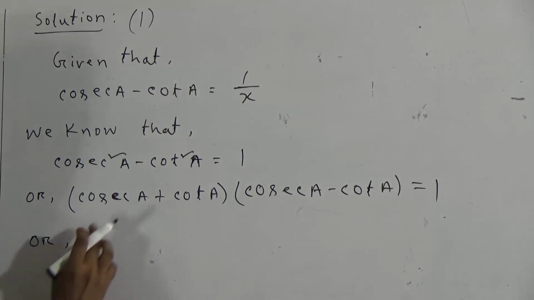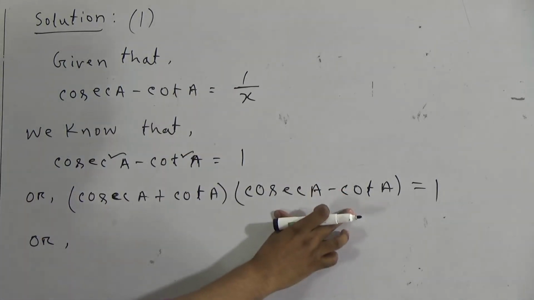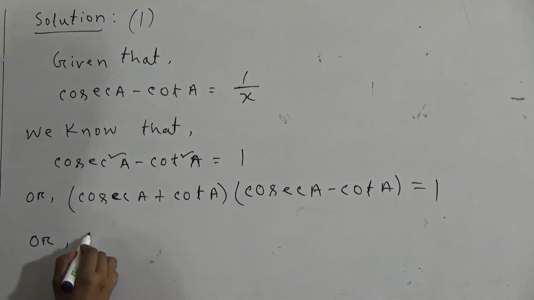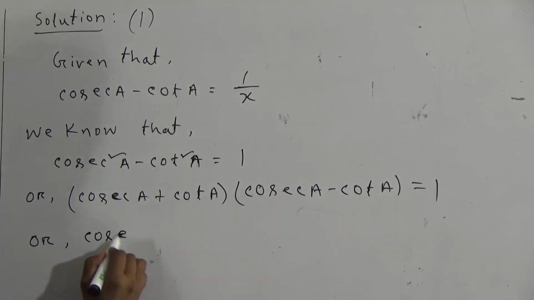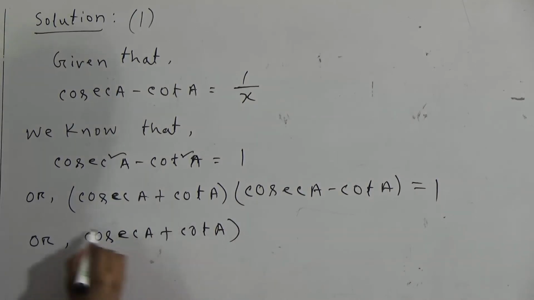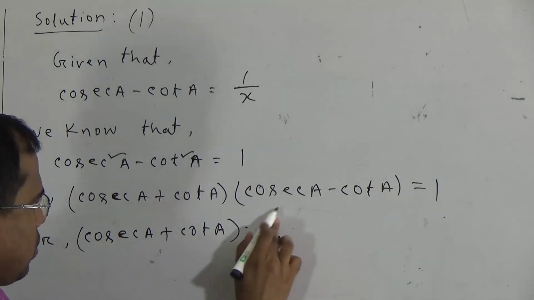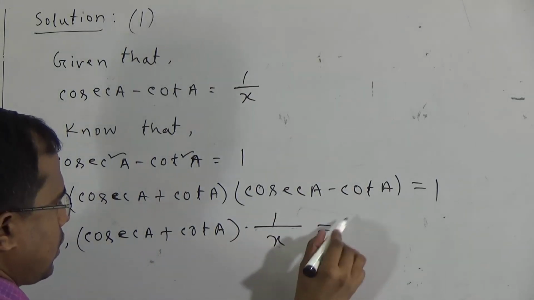Now value of cosec A minus cot A equal to 1 by x. So here we will put 1 by x. Cosec A plus cot A into 1 by x, this is equal to 1.